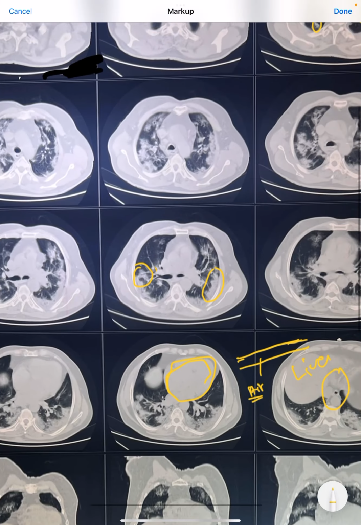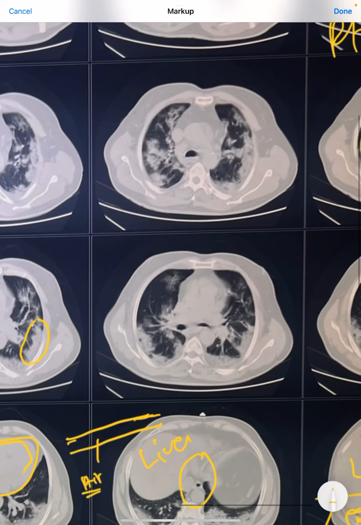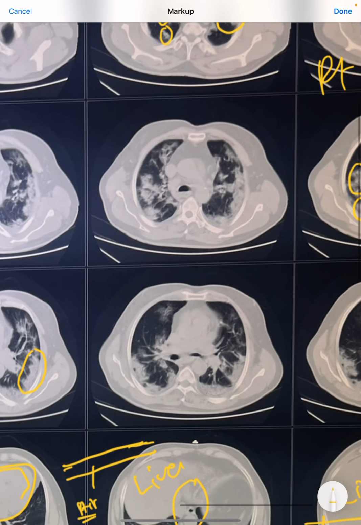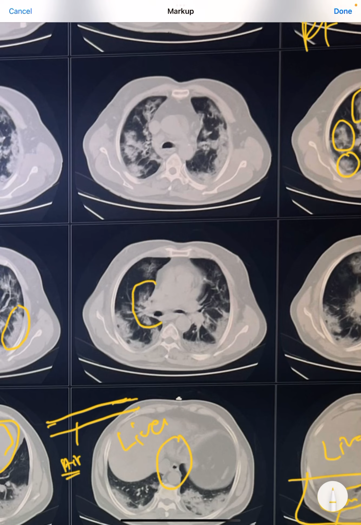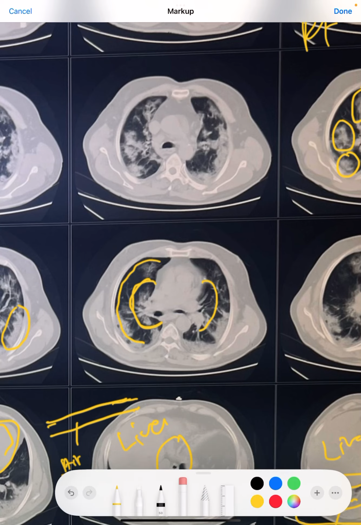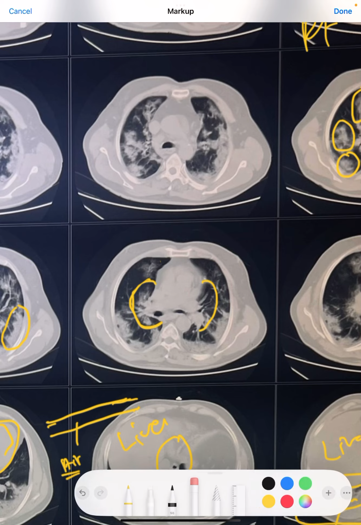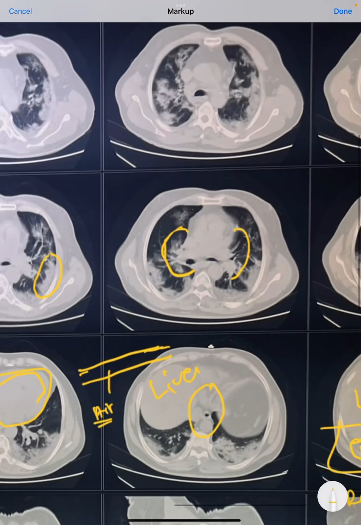Now the beauty of this CT scan is that the maximum lesions are all lined up in the subpleural or peripheral area. What I mean is this is more of a central part of the lung, and this is more of a peripheral part of the lung. Each and every lesion is almost starting at a subpleural area.